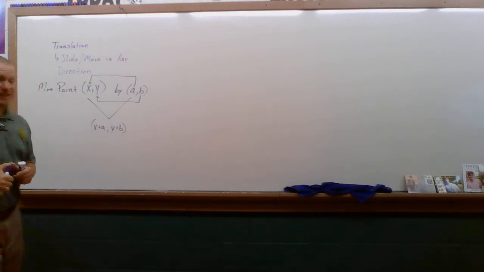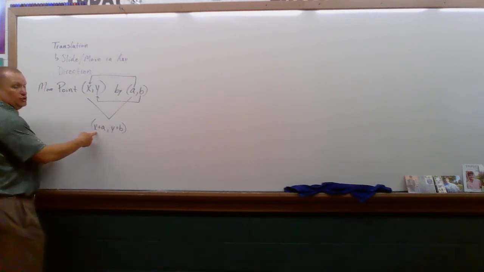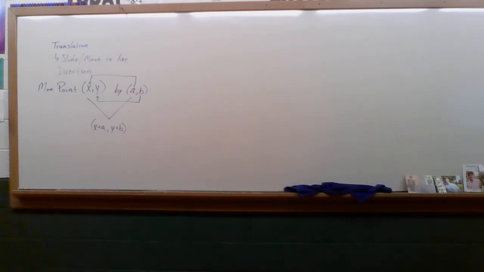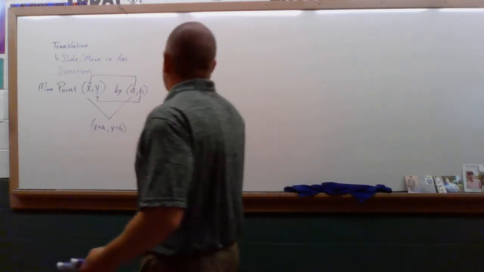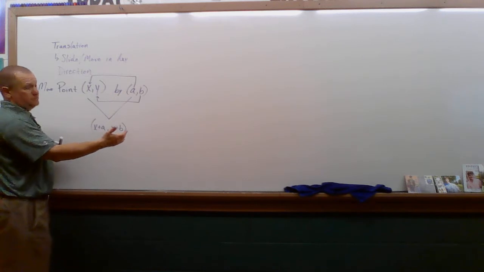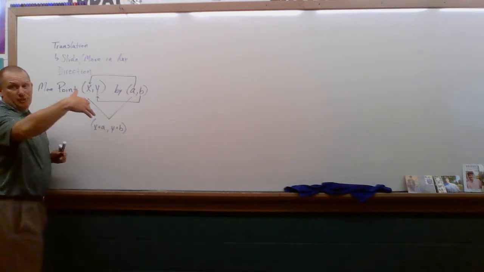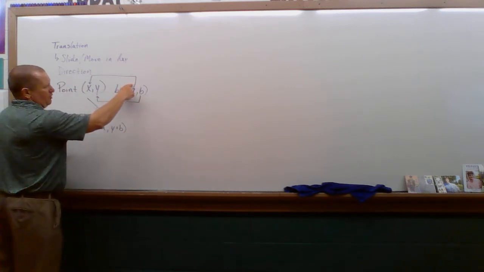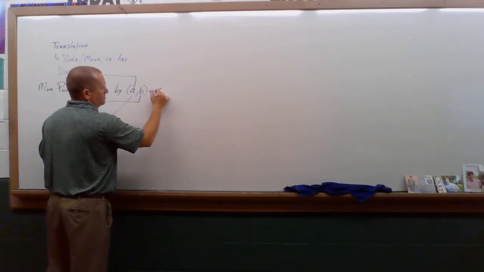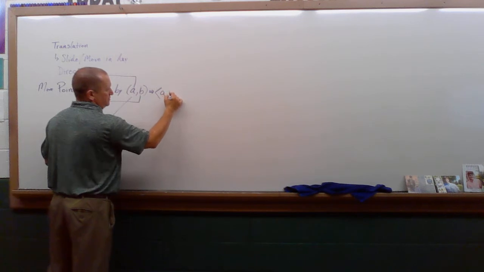And so then we could have a combination. Obviously we're going to do this to every single coordinate of the problem. All right? And then whatever it ends up being is what our answer is. A lot of the times, instead of giving this what they call a vector, how much you move something, they'll give it to you as something kind of like this.